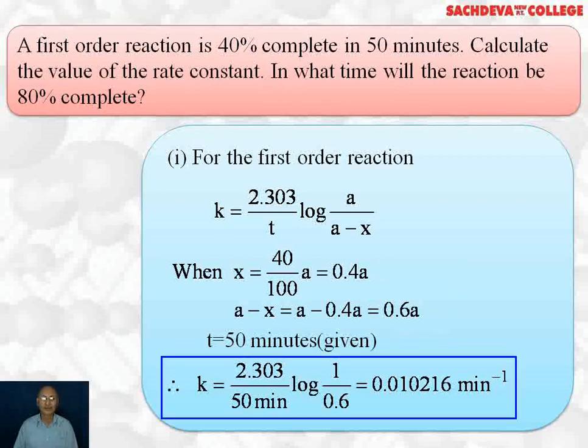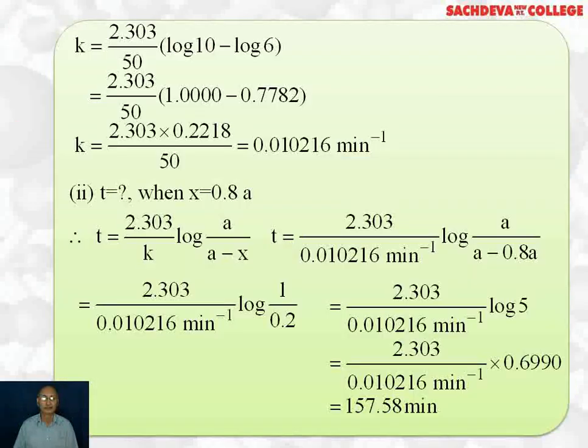So K will be equal to 2.303 divided by 50 log of 1 divided by 0.6. And if you calculate, you will get 0.010216 per minute. Detailed calculation is given here. K is equal to 2.303 divided by 50 log 10 minus log 6.